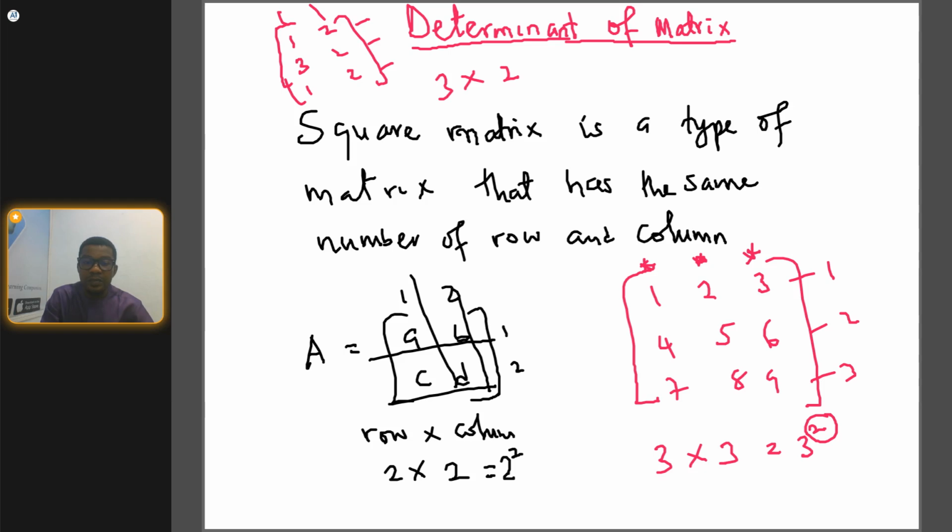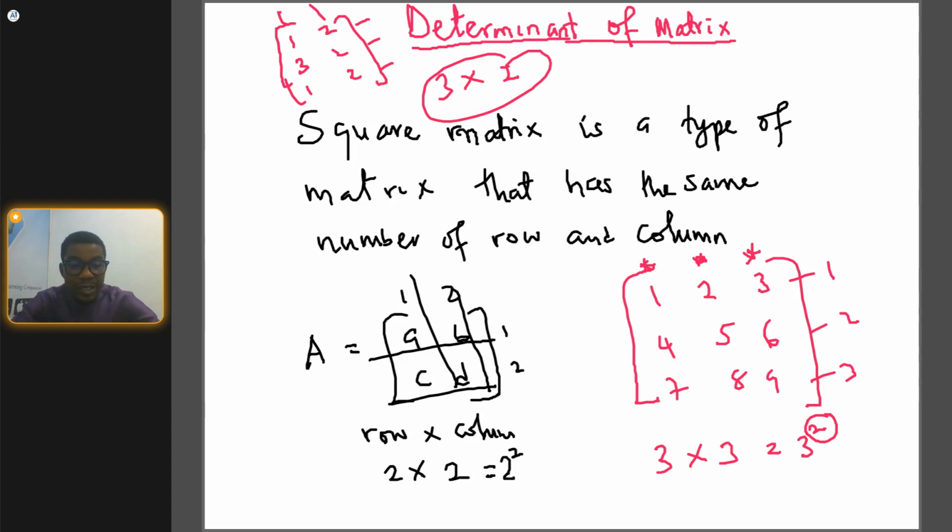This is not a square matrix. If you are given that kind of matrix and asked to find the determinant, you check the options and select undefined. We cannot solve the determinant of a matrix that is not a square matrix.